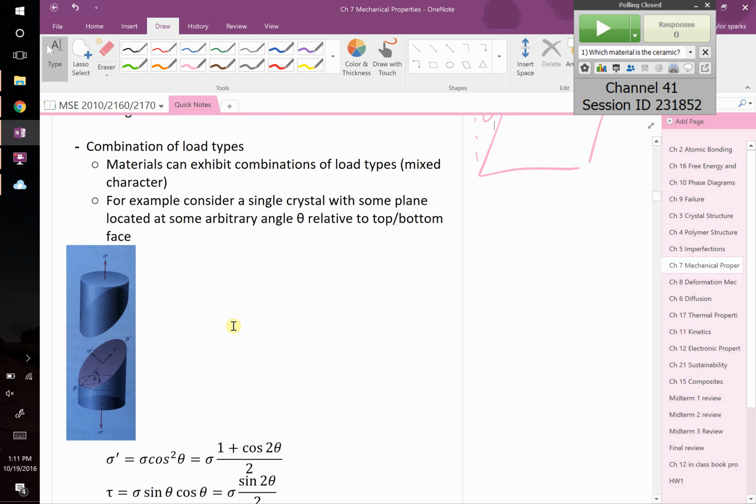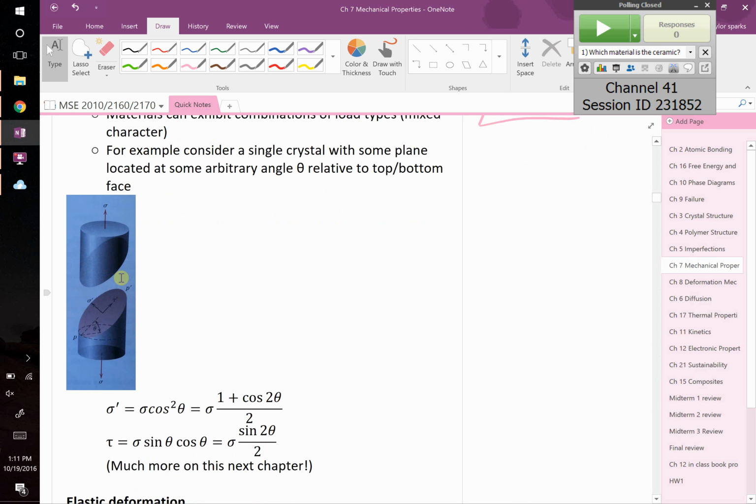And then in the real world, there's not just one load. It can be combinations of load. And one way to see that is imagine you had a cylinder to start with that wasn't broken in half. This was together. If you apply a load to it directly perpendicular to that face, then you think that you're applying pure tensile load to this, and you are.